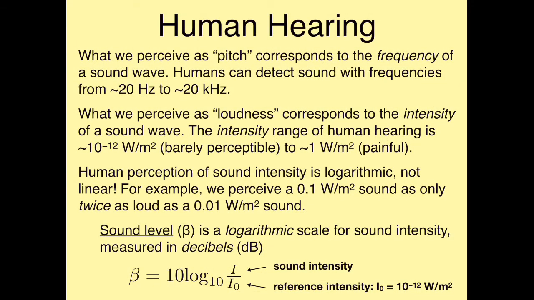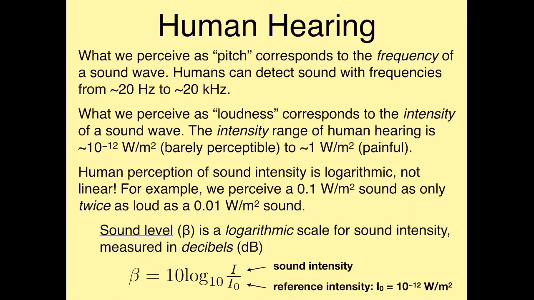Okay, so let's try to relate some of these mathematical ideas to how human hearing works. So the first thing to note is that what we perceive to be the pitch of a sound, that is whether it sounds high-pitched or low-pitched, has to do with the frequency of the sound wave. Now, a very low-frequency sound wave sounds like it has a lot of bass, it sounds very low-pitched, it sounds deep.